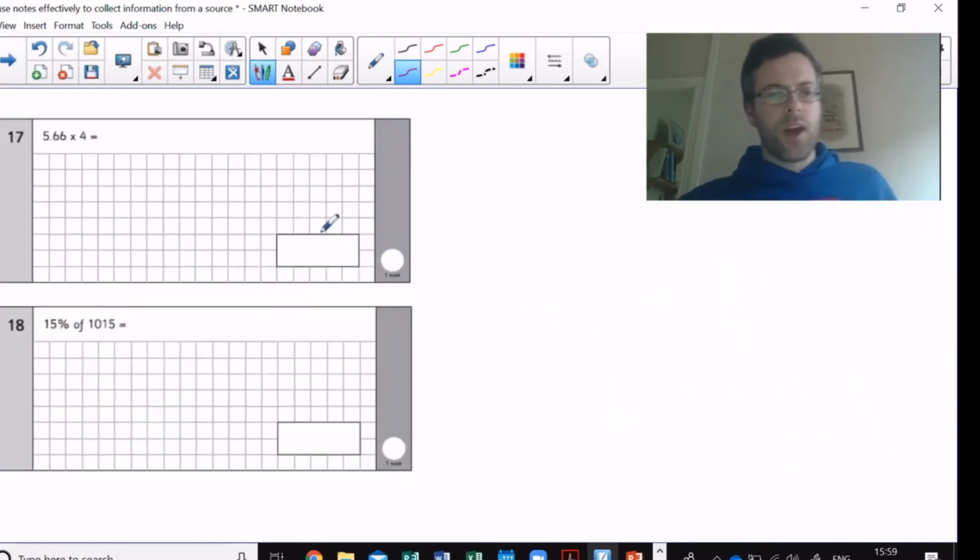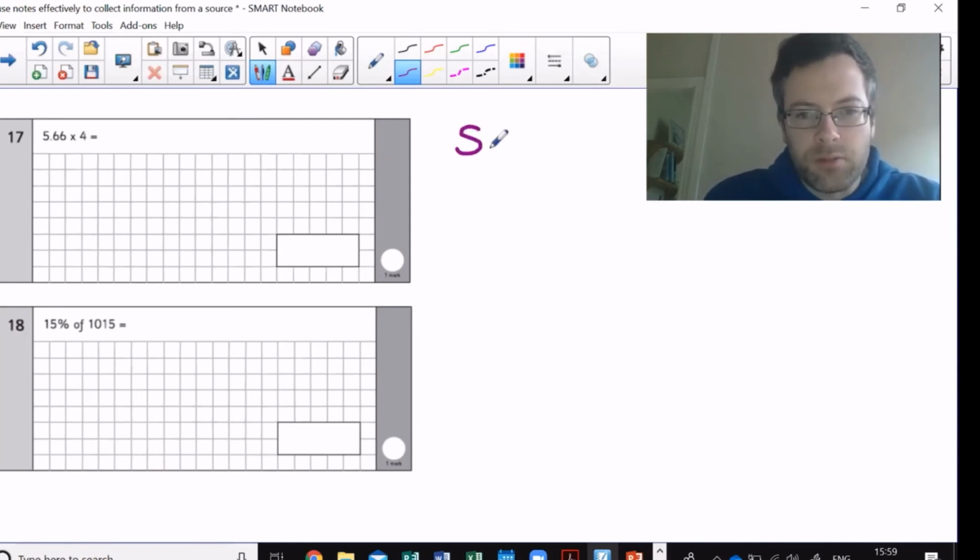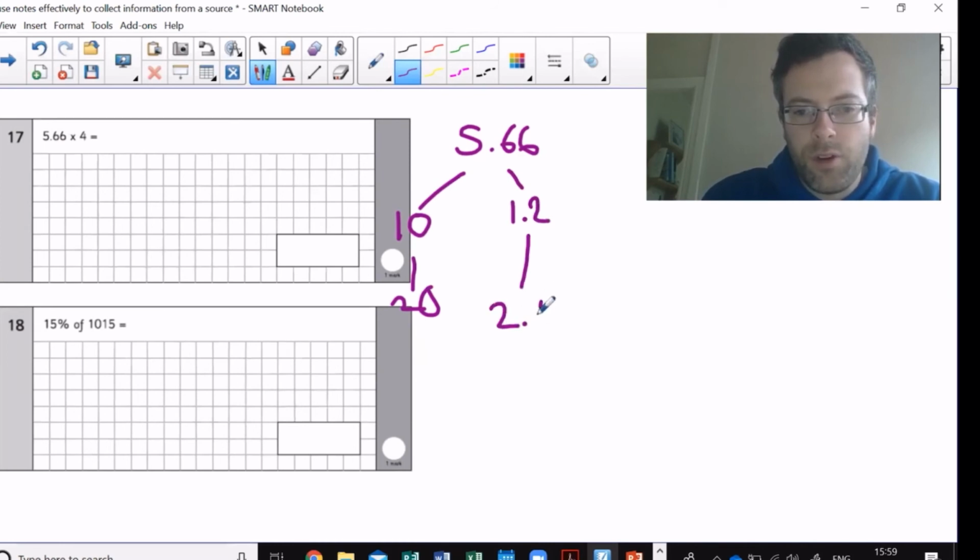Last couple of questions. 5.66 times 4. So I could use a multiplication method. If I'm timesing by 4, I like to double and double again. So 5 times 2 is going to be 10, times that by 2 again is going to be 20. 0.6 times 2, and this is where I need to be careful, is going to be 1.2, and then double that again is going to be 2.4.